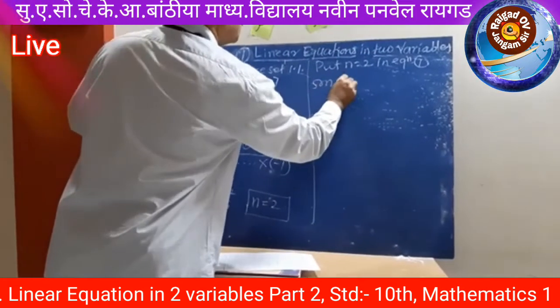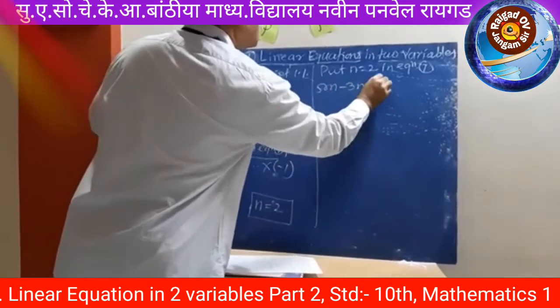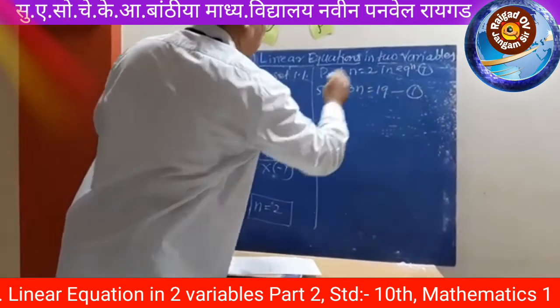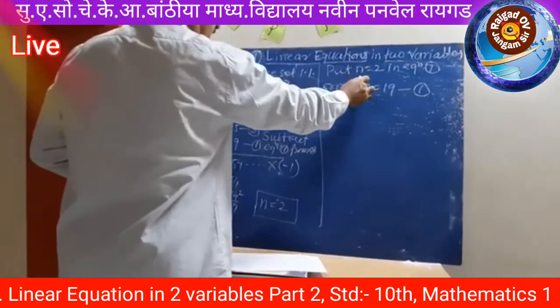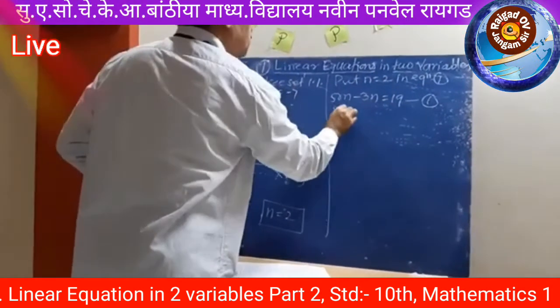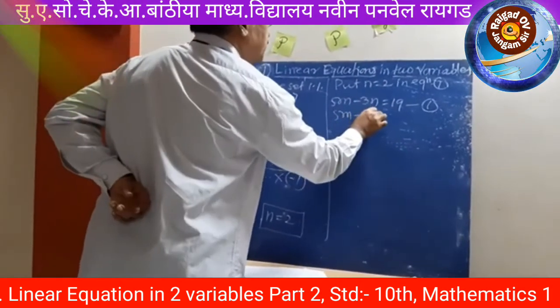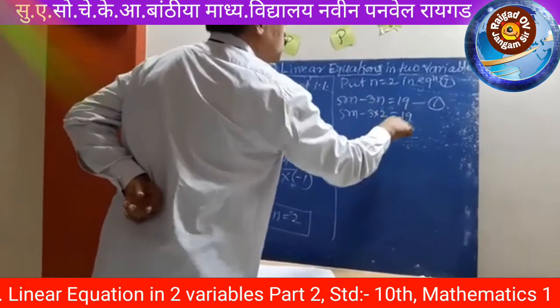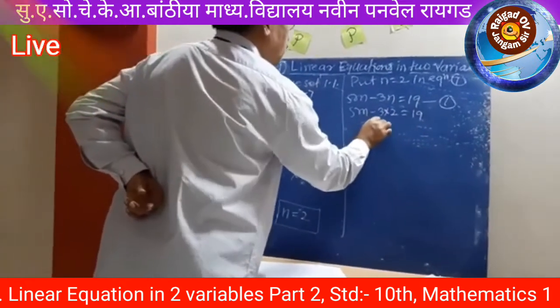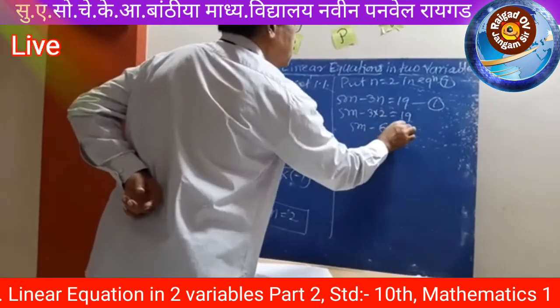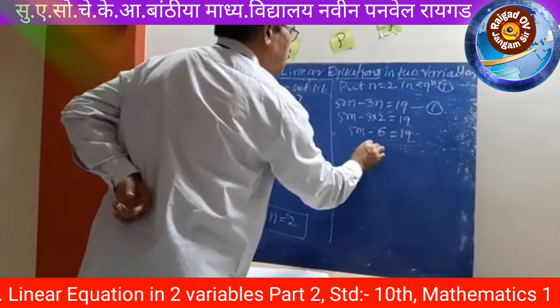5m minus 3n is equal to 19. Here, except n, we can write 2, meaning 5m minus 3 into 2 is equal to 19. 5m minus 6 is equal to 19.